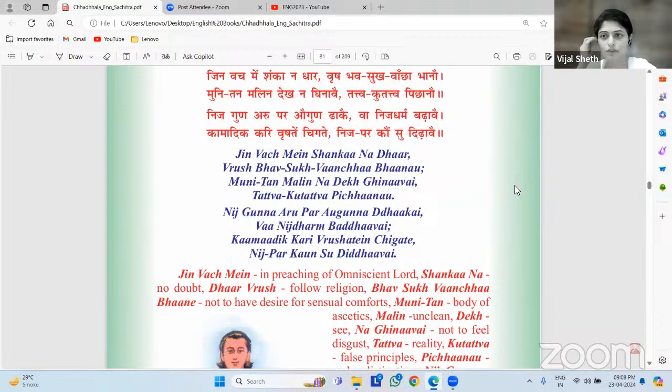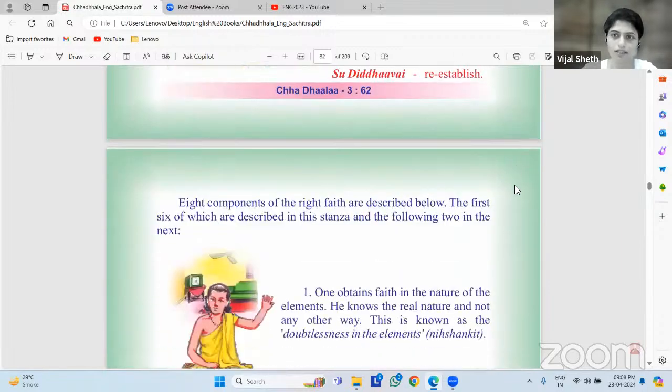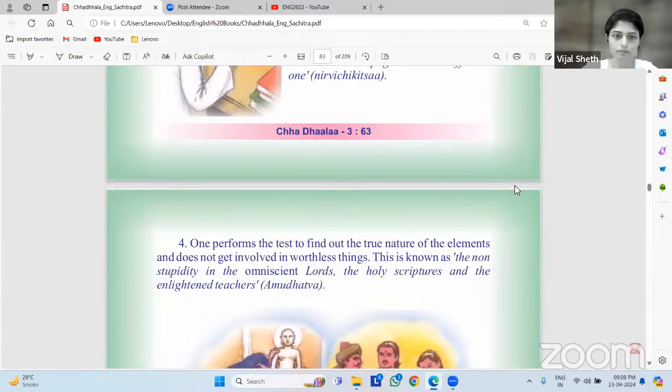Like they will not get swayed by things like, oh, Bhagwan is drinking milk, I will go and offer. Or, keeping this vrat will give me this benefit. Or doing this jap, like Mahamrutyunjay jap karne se I can avoid mrutyu. By doing this kind of vrat, I can get wealth. So all of these things are kutattva, and they understand all these stupidities and completely avoid them.